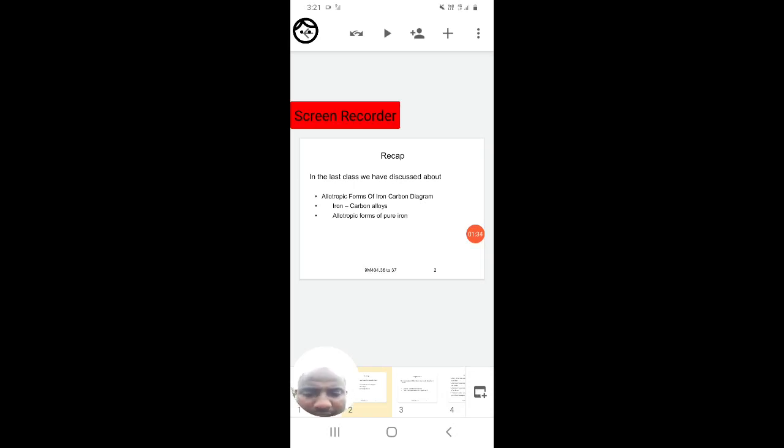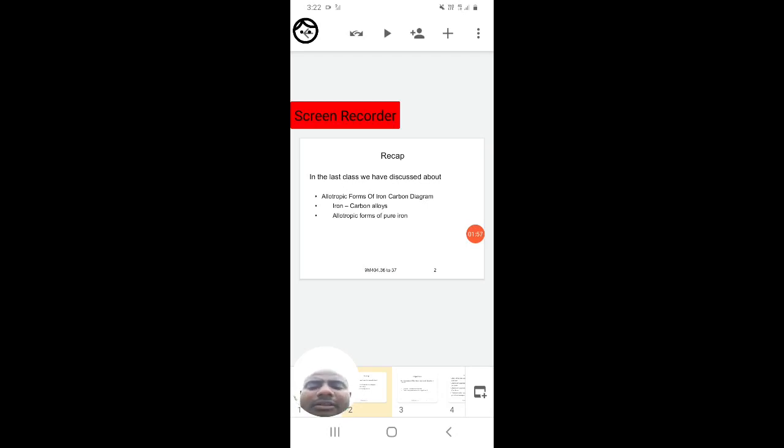So iron is alloyed by interstitial solid solution alloying. Iron with carbon content added by interstitial solid solution alloying is called iron carbon alloy.